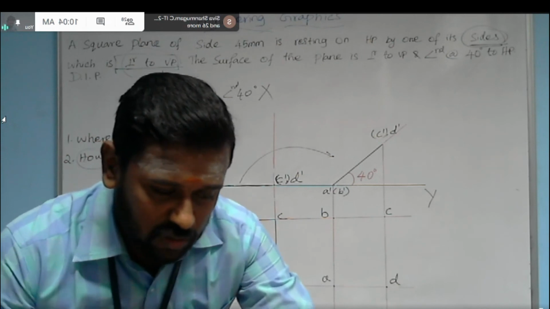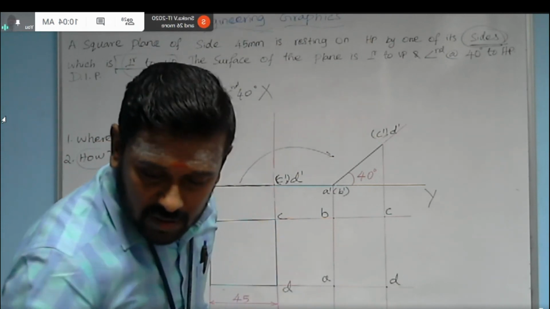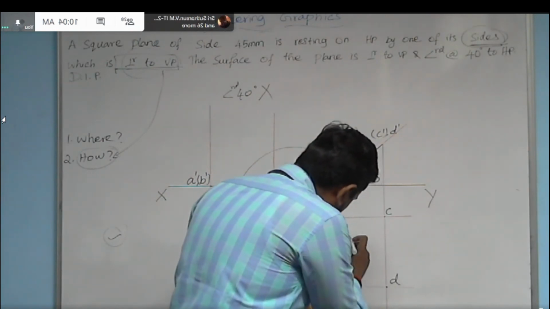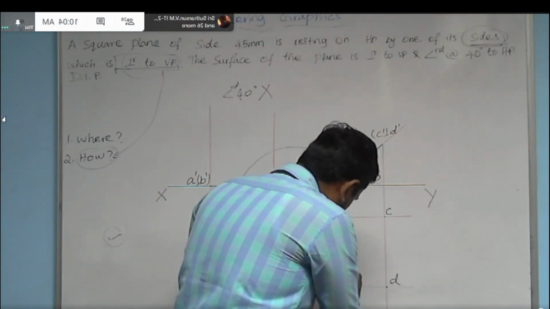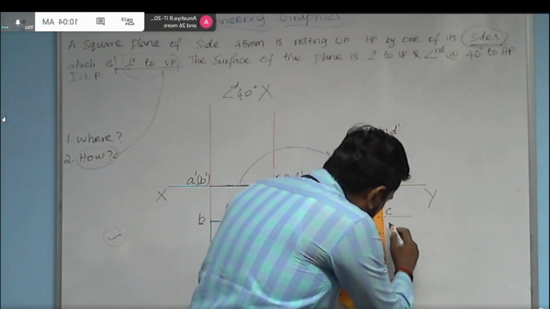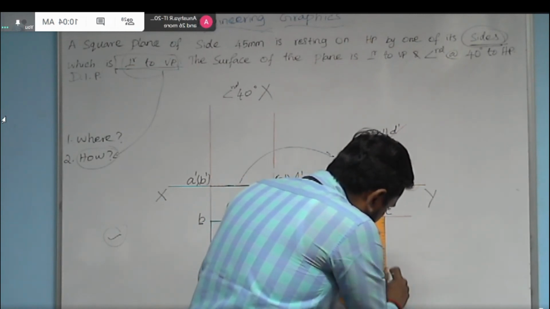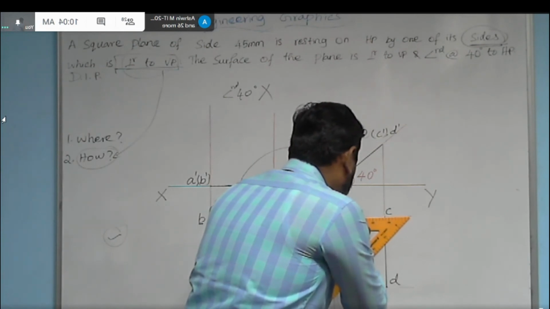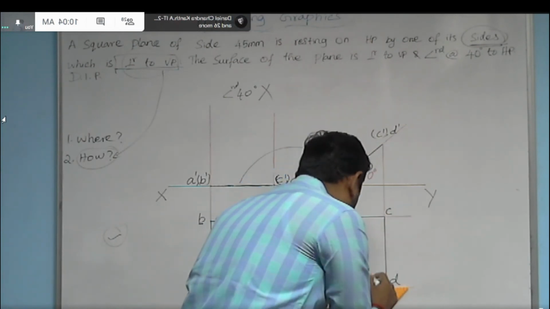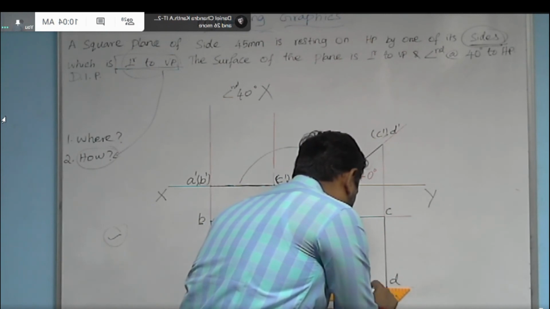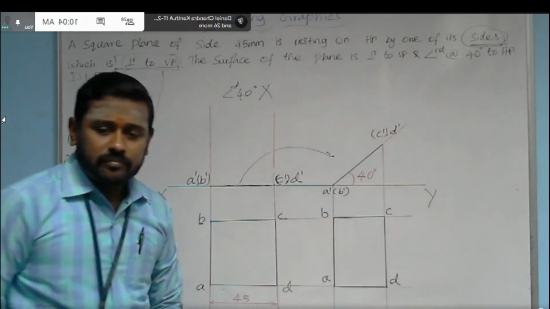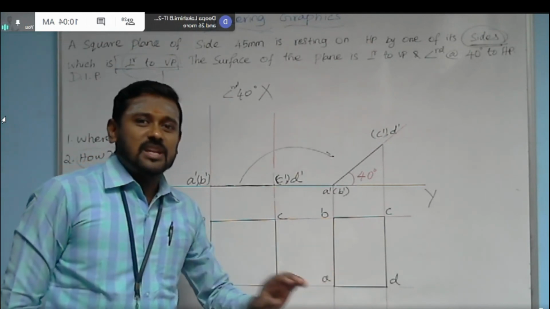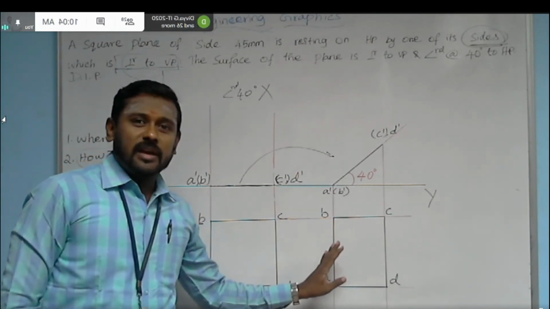Now you need to darken it with the help of an HB pencil. See here, now you are getting a four-sided polygon which is not a square. It looks like a rectangle.